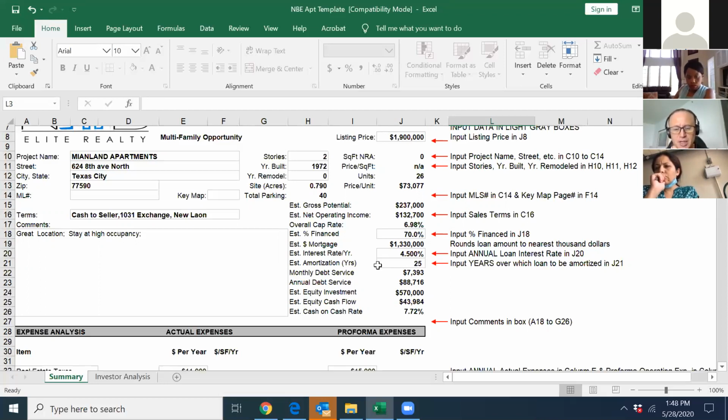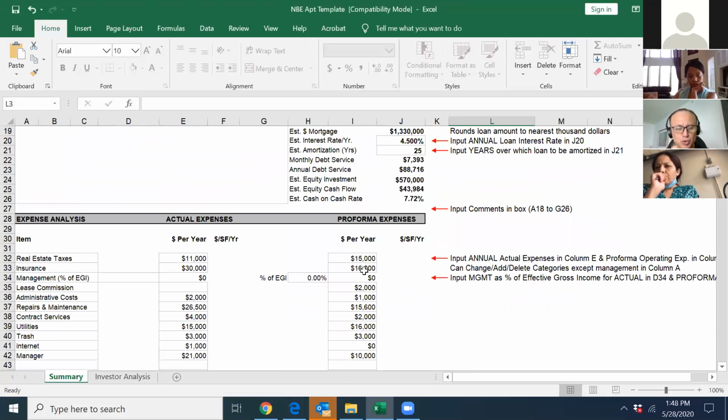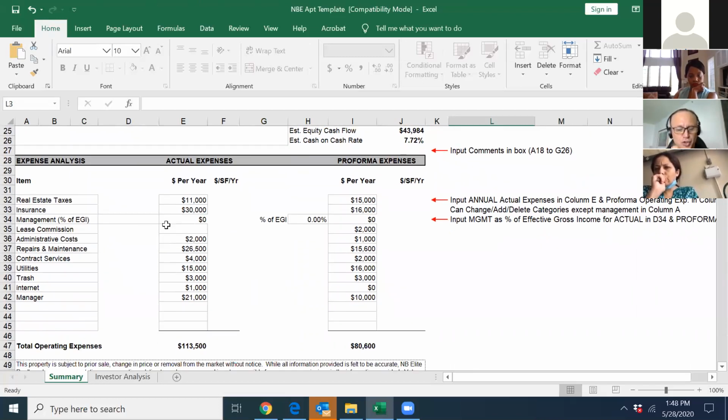Now we're going to put in expenses. In this left corner here, you're putting the actual expenses. Let me find the paper.